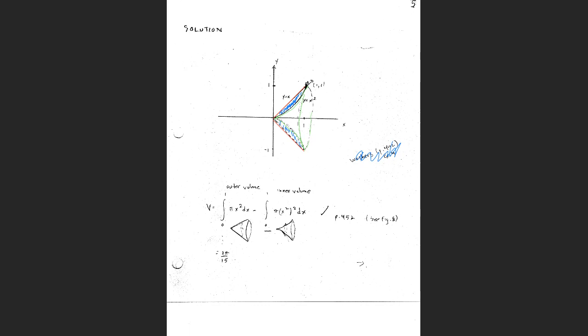So you take the volume of the cone generated by rotating the line y equals x about the x-axis, where x goes from 0 to 1, and subtract from it the volume of the Hershey's Kiss, which is generated by taking the parabola y equals x squared from x equals 0 to x equals 1 and rotating that about the x-axis. If you take the difference, you'll get the volume that you want.